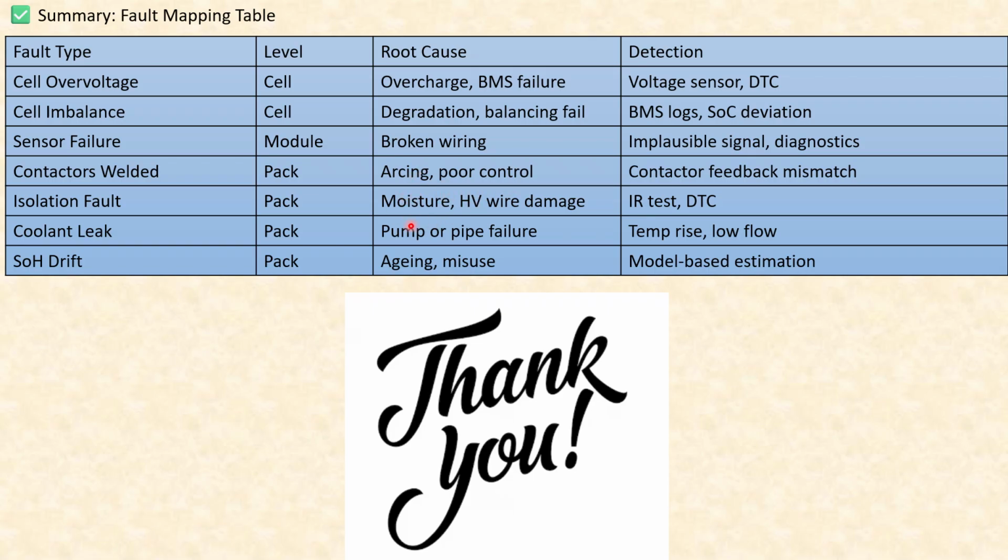Arcing, poor control, moisture, HV wire damage, pump failure, aging, and misuse. Talking about detection: for arcing and poor control, it may be contactor feedback mismatch; for moisture and HV wire damage, it may be IR test and DTC; for pump or pipe failure, high temperatures and low flow; and for aging and misuse, model-based estimation.